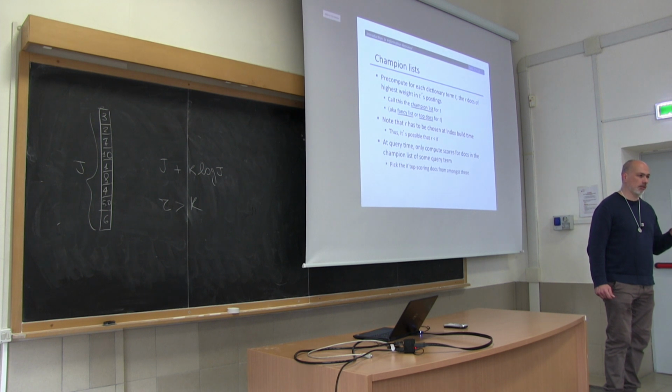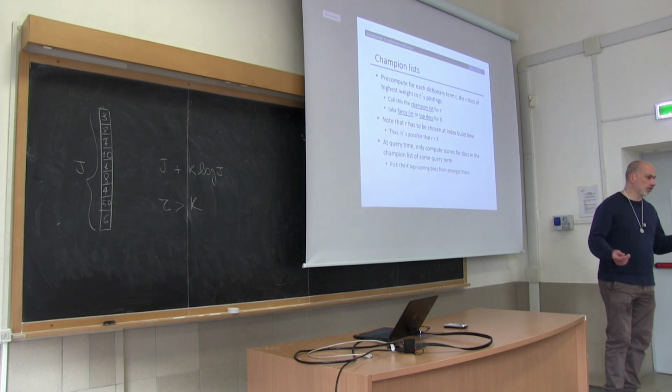You see this? Essentially, it means that for every term, we are going to pre-compute the R documents in which the term appears more frequently. That's relatively easy to do. And you do it once, when you build the index.